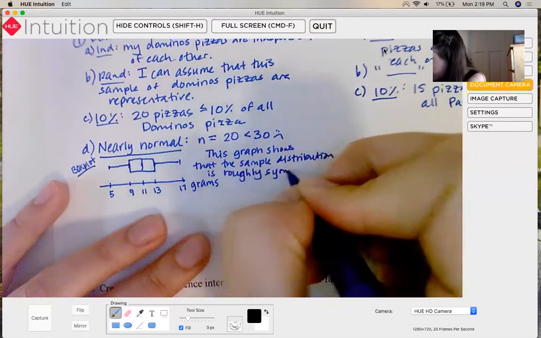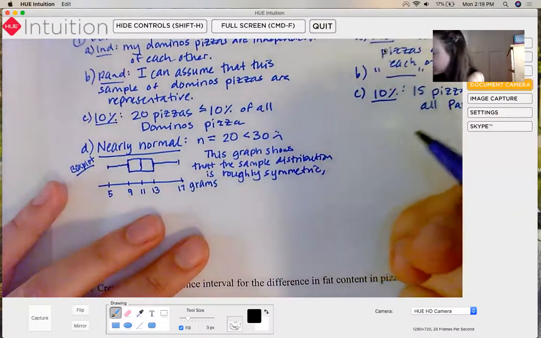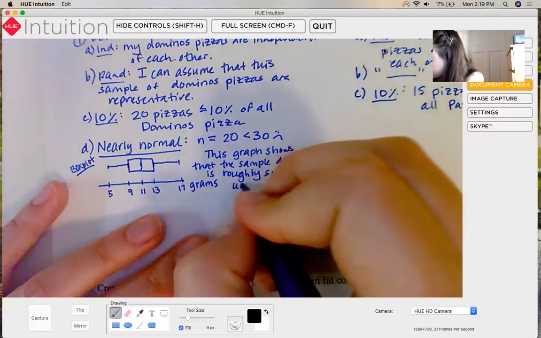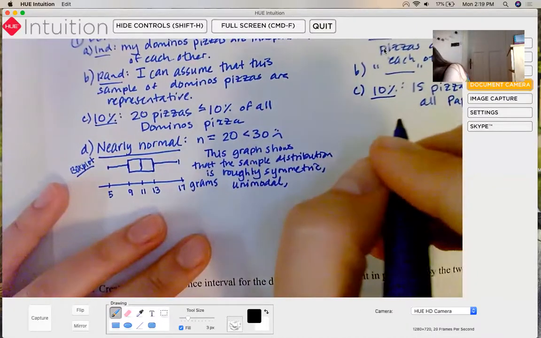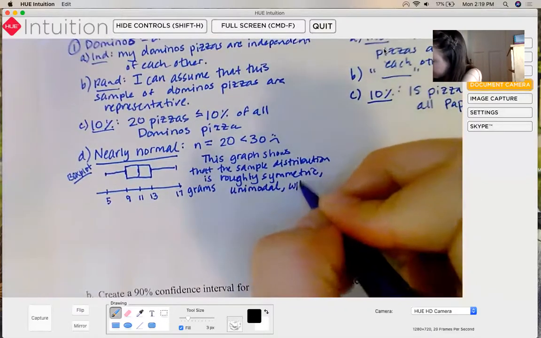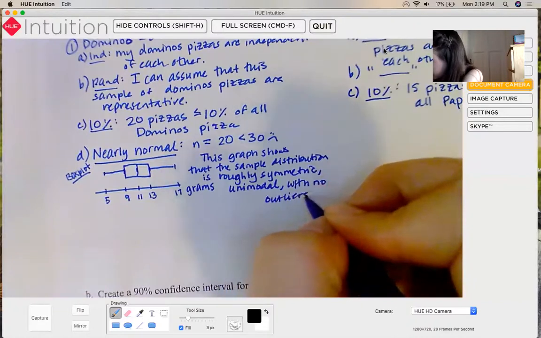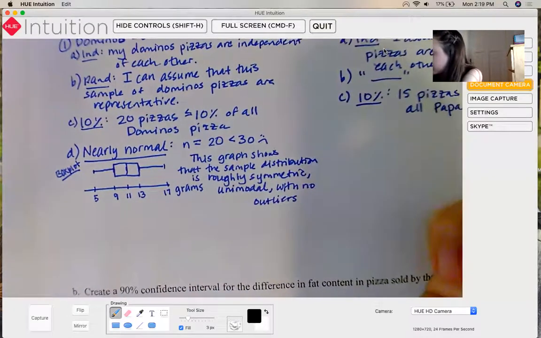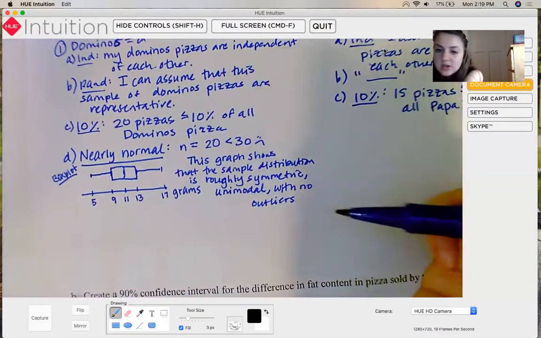Use a wiggle word when you talk about symmetry. It's never going to be exactly symmetric. Unimodal. Okay. With no outliers. Okay, so we've got the shape. We've got symmetry, no outliers.